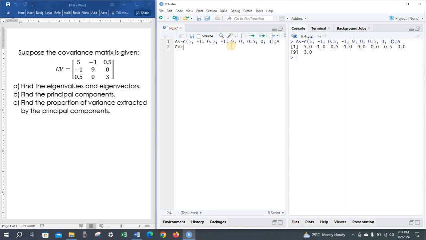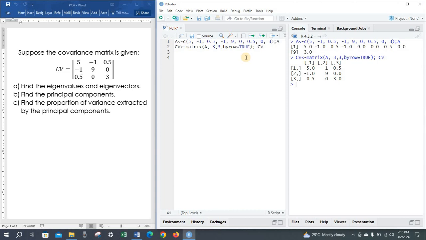Write CV, matrix. Make it a 3 by 3 matrix, and run it. Here's the covariance matrix.